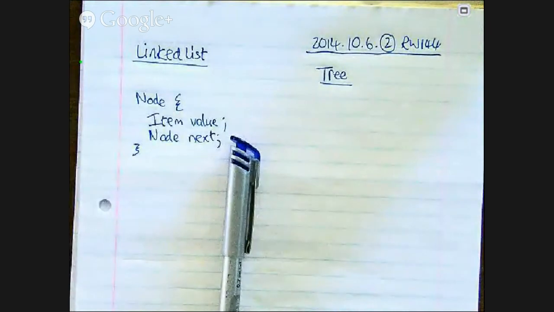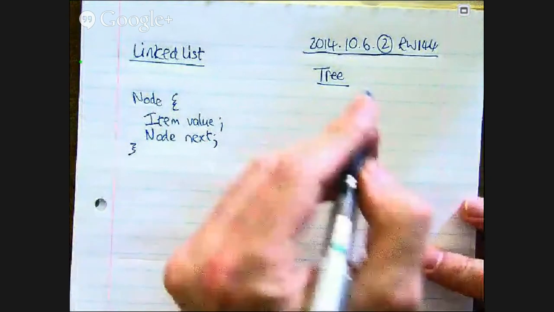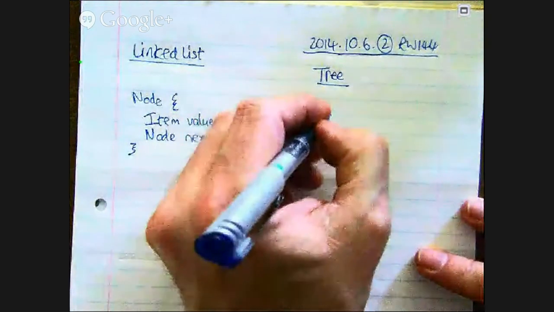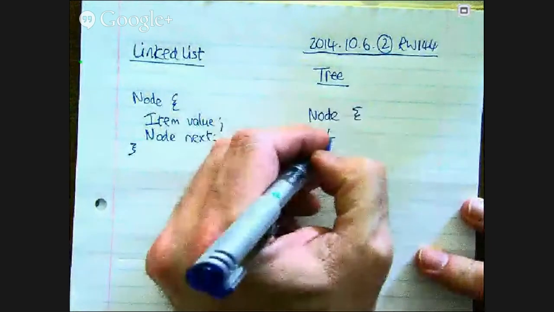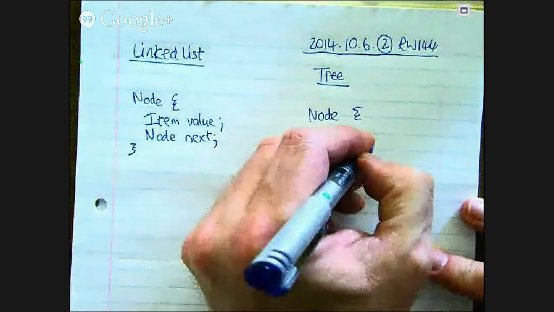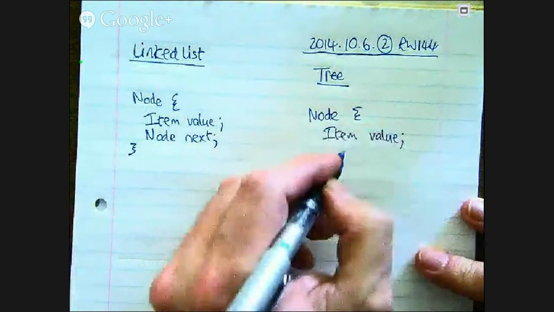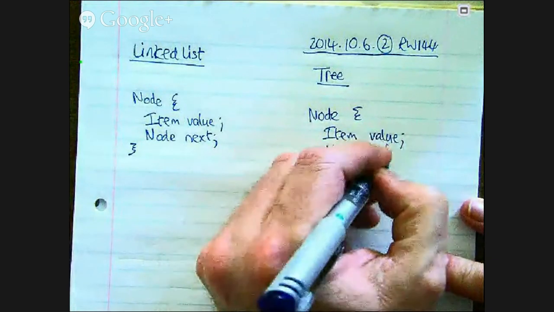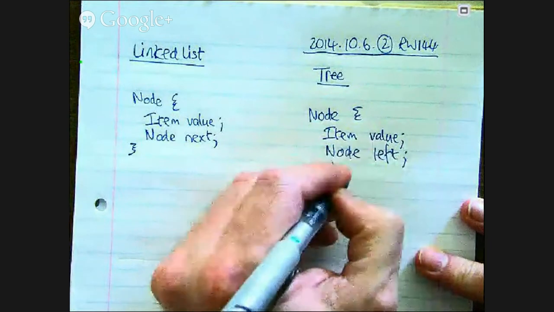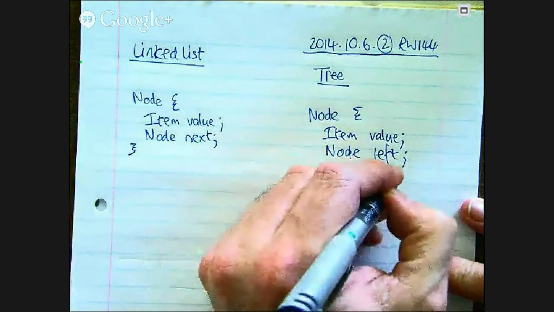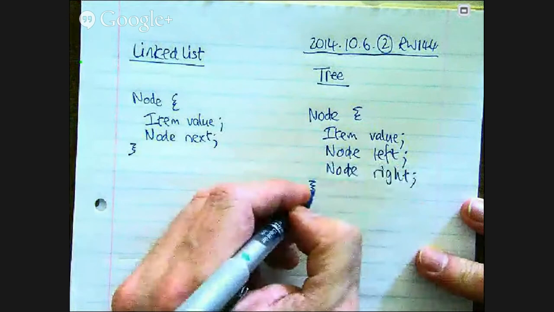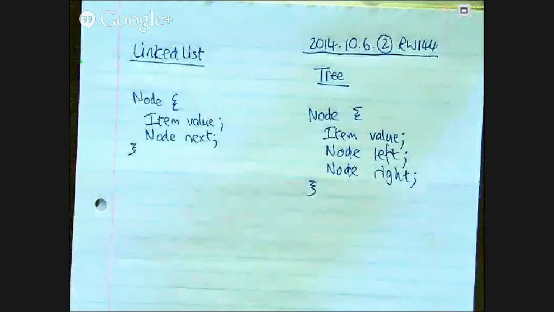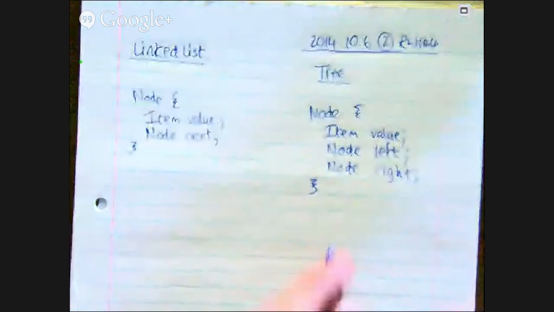Okay, if I have a tree, just as in the first project, I'm going to have nodes that can also store items. But in addition to that, they have a left child and a right child. So my tree is going to have some kind of root that I'm going to point to.